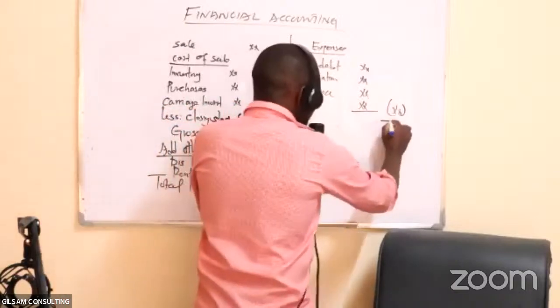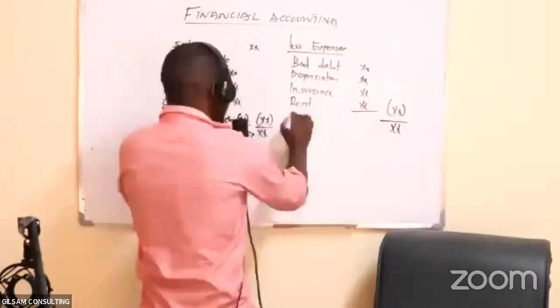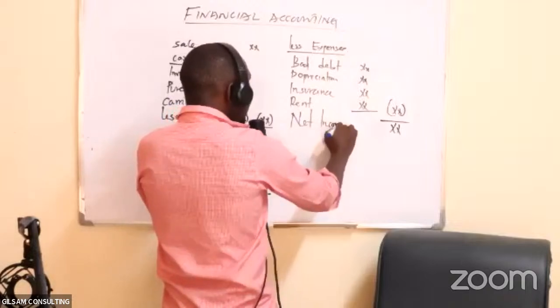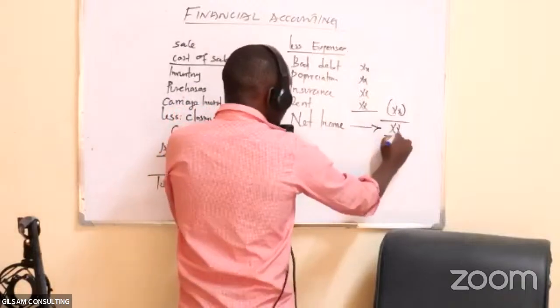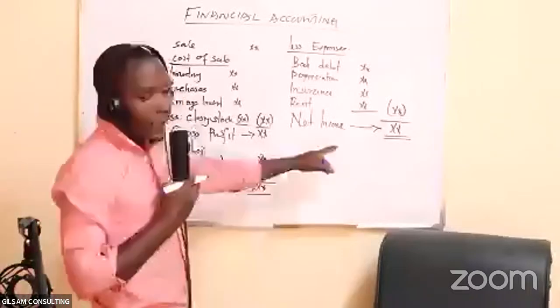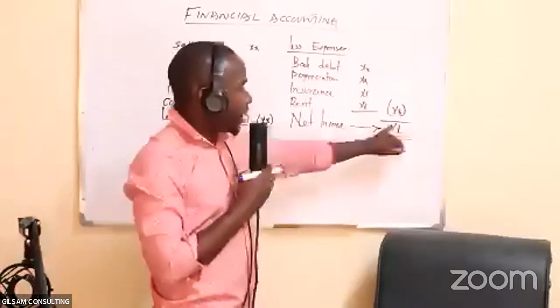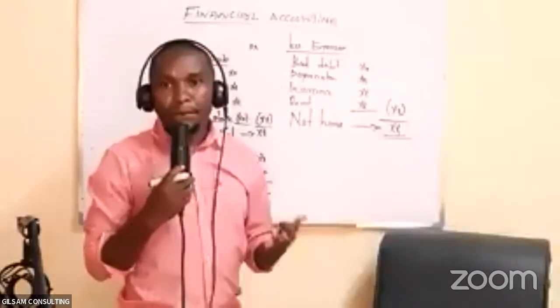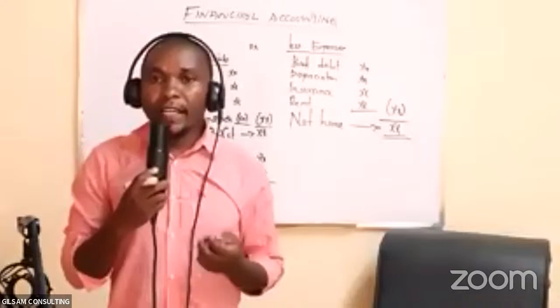After lessing from the total income, we arrive at the net income. Now we check whether the question has provided us with the tax rate. If we have the tax rate, then we can get the taxable income from this net income. That is the basic format of the income statement.